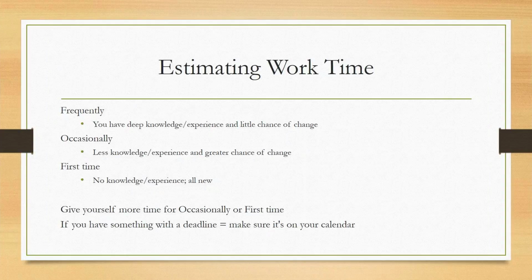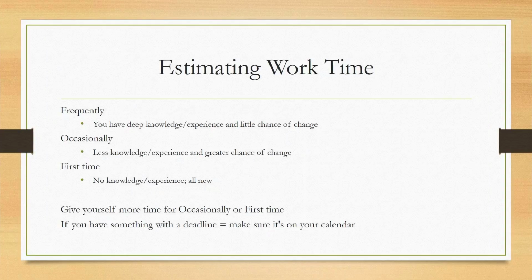So a good rule of thumb is to give yourself a little more time for the occasionally or first time things. And it's not something always that is in the forefront of our mind when we're scheduling these things. And I'm certainly guilty of it myself. I'll say, oh, yeah, I can get that done in an hour or two. And then I find out really, oh, it really took 4 hours to get that done.